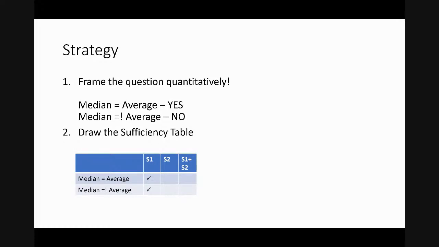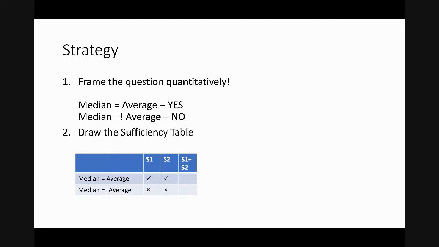If I can show that through statement 1 I can only get one of the conditions, that would mean statement 1 is sufficient. So if I have two checks like this, that means the statement is not sufficient. If I have only one check and no crosses, then I would say that statement could be sufficient.